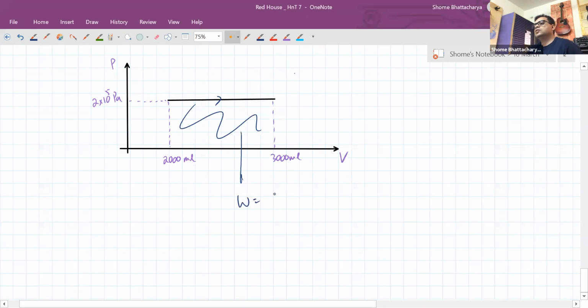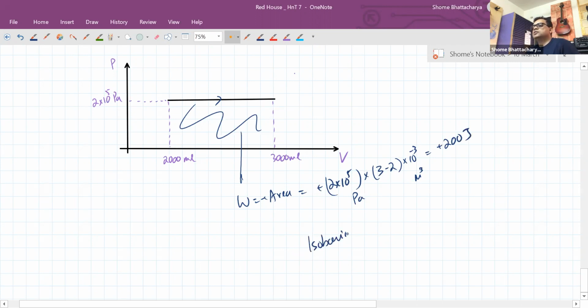So W is just area, positive of the area. So that's plus 200 joules. And then you have the formula that for isobaric process, if this is 200, this will become 7 by 2 times 200.